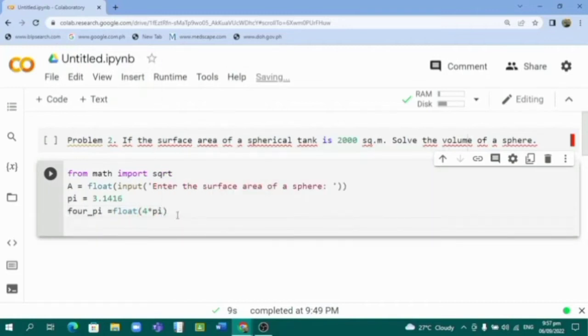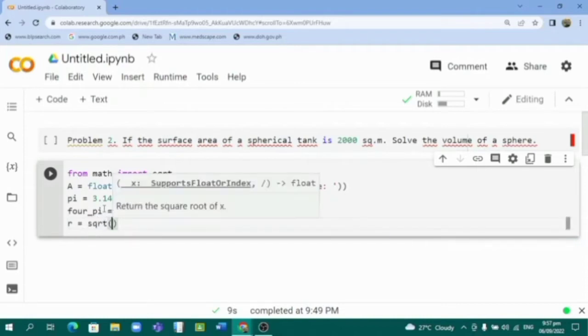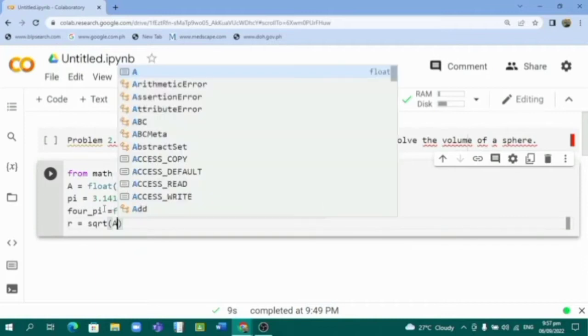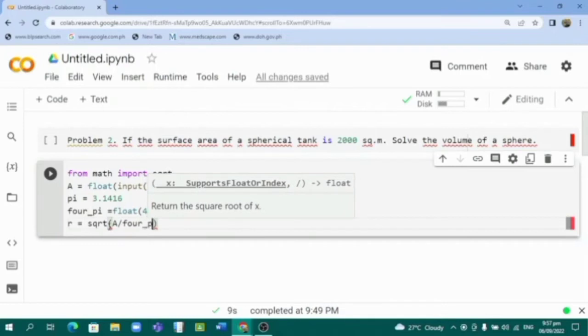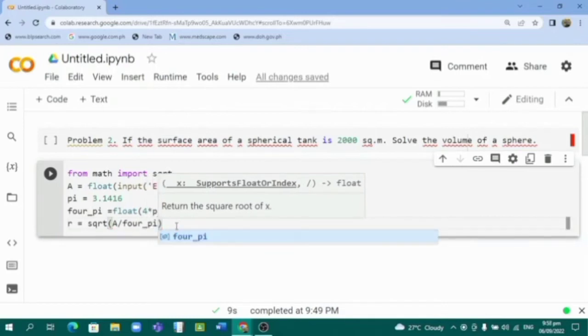And in the fifth line, we're gonna type here r, which represents the radius. R is equal to square root, close open parentheses, surface area slash, which represents division, divided by 4 pi, which is the product of 4 and the value of pi.